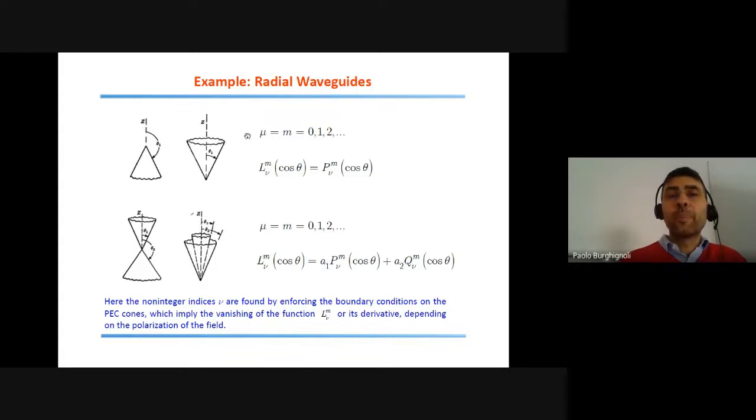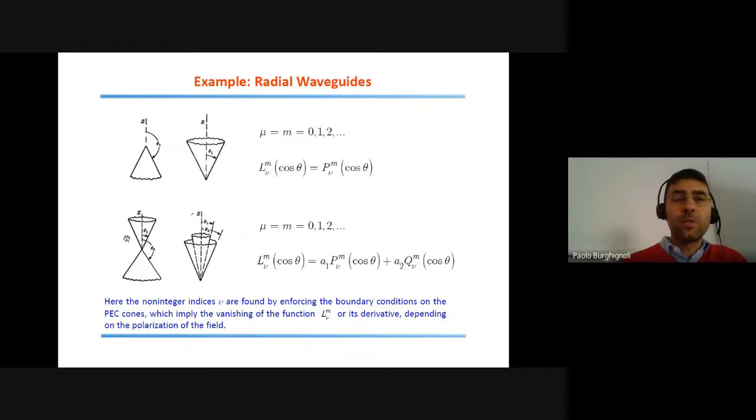So in this case, whereas the azimuthal coefficient mu is an integer, the other angular coefficient, that is the lower coefficient of the associated Legendre function, is not an integer in general, so we rewrite it with the Greek letter nu. And the same occurs in other situations in which you still have conical boundaries.